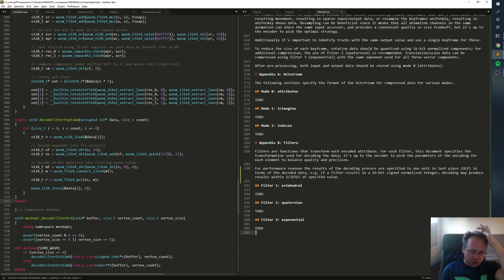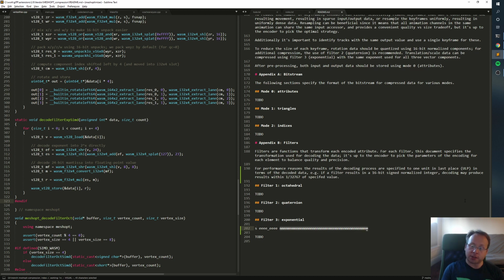So the exponential filter is really, really simple. The way floating point values are usually stored is one sign bit, then 8 exponent bits, and then many mantissa bits, like 23 mantissa bits.